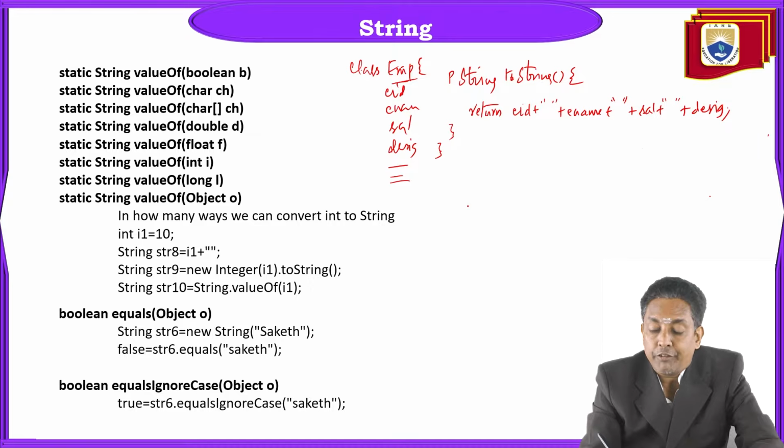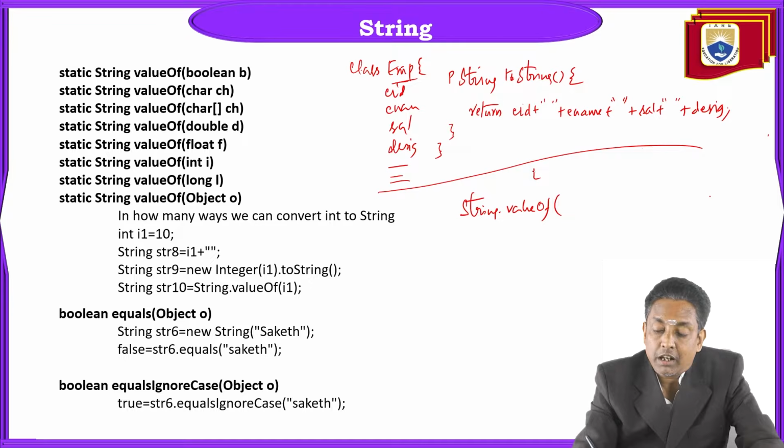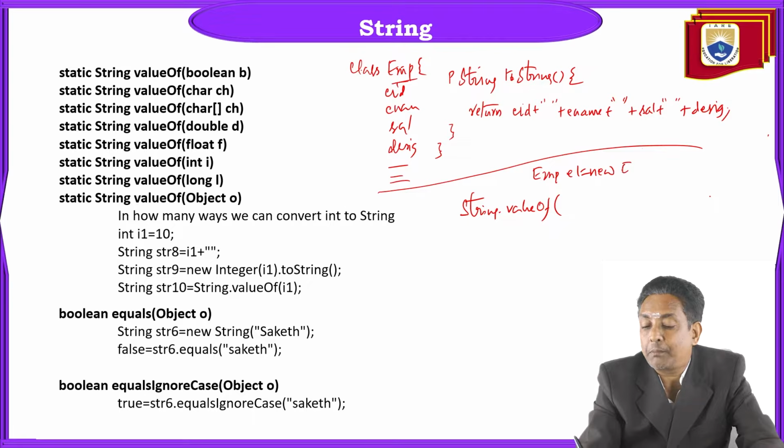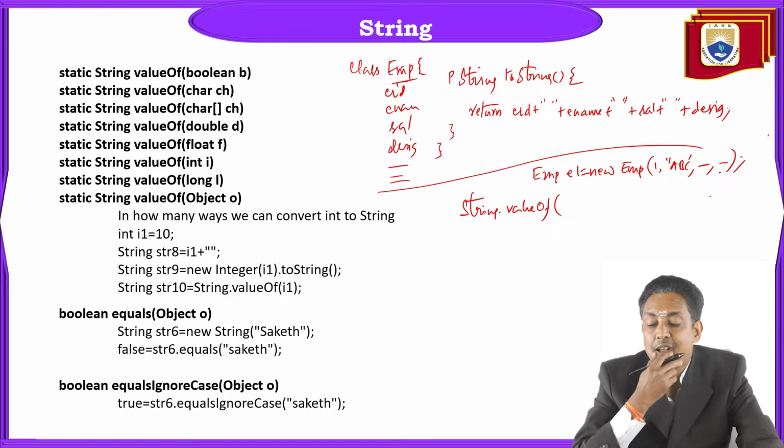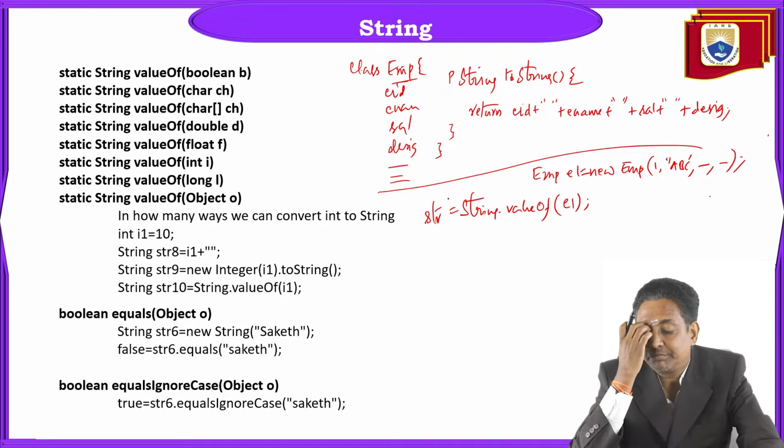So if you pass it to the String.valueOf method, suppose the Employee class is completed, and in the client program you create an employee object, Employee e1 is equal to new Employee of employee ID, employee name, some salary, some designation, and if you pass that employee object as argument into the valueOf method, that will return a string.